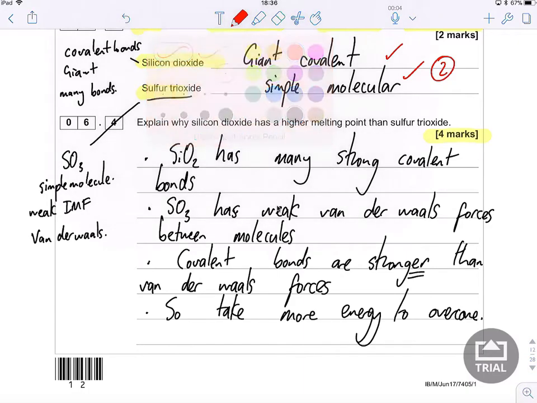Okay, so let's just review what I've got here. So silicon dioxide has many strong covalent bonds. Sulfur trioxide has weak van der Waals forces between molecules. The covalent bonds are stronger than the van der Waals forces, so take more energy to overcome. So silicon dioxide has a higher melting point. And I'd get my 4 marks from that.